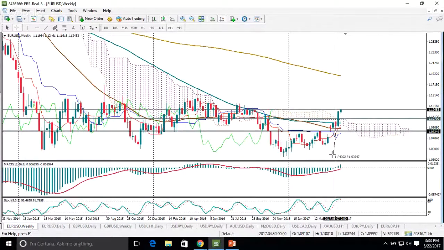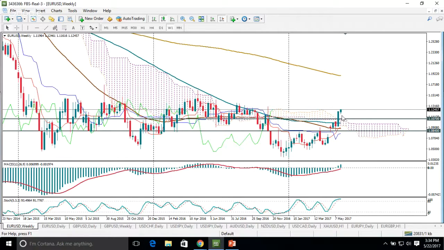So we can see that there is scope for some further advance of the pair to the levels around 1.13, 1.1370. This is where we can target after the euro-dollar reached the neckline of this formation.